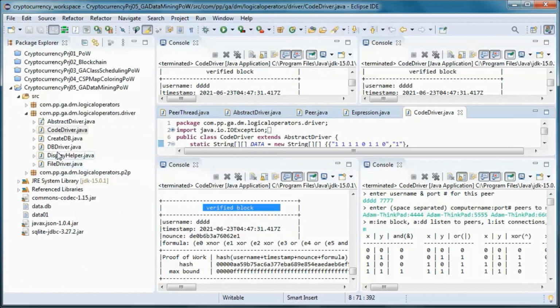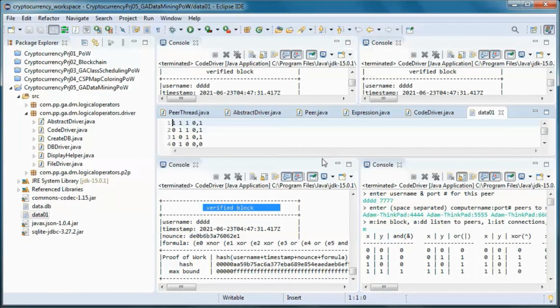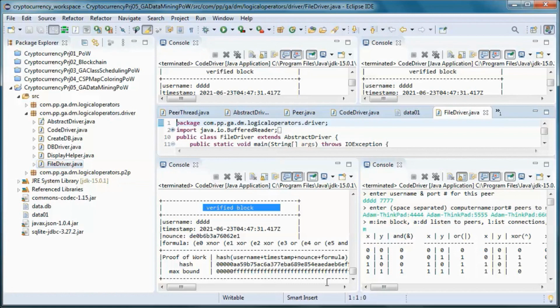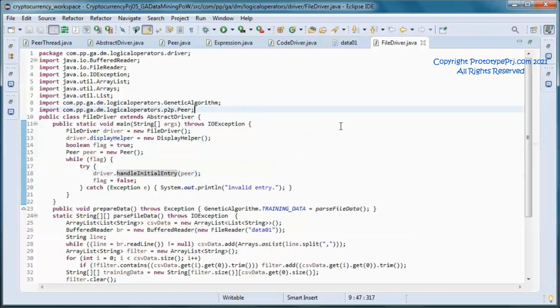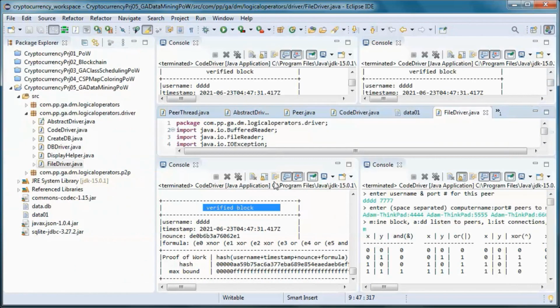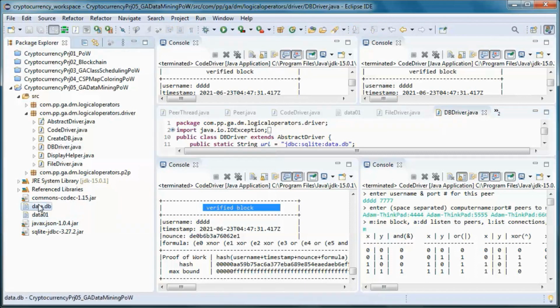And here we have data coming from file, so data 01, and we run that with file driver. And here we handle data coming from the database. So the file name is data.db.